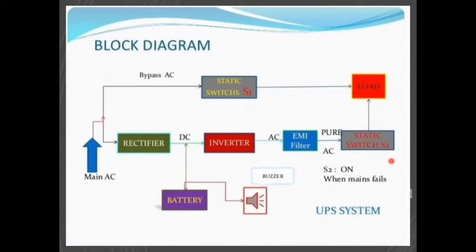Now this is the static switch S1, this is the static switch S2. Static switch S2 is on when the AC supply fails or main supply fails. This is the bypass AC, and this one is the main AC, and this is the overall block diagram of the UPS system.